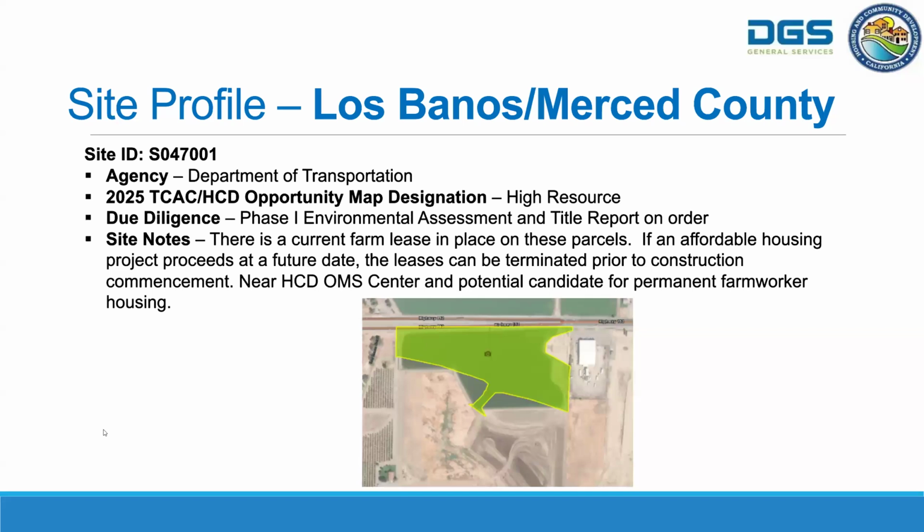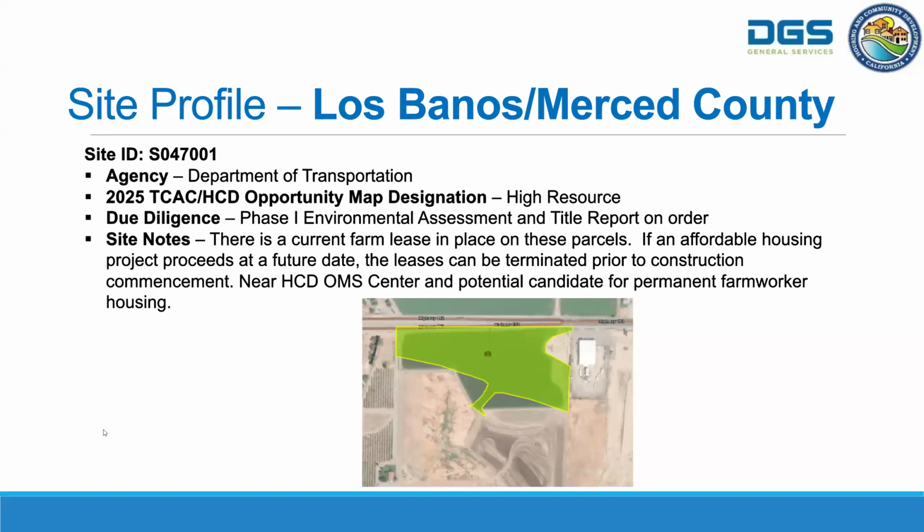We're not suggesting or dictating the population for consideration if you're looking at this site to submit a proposal, but we do want to give some thoughts on this. And that's that there's a bill passed in 2024, AB 2240, that bears some consideration for HCD, given the proximity to HCD's Office of Migrant Services Center, known as the Rafael Silva Migrant Center in Los Baños.